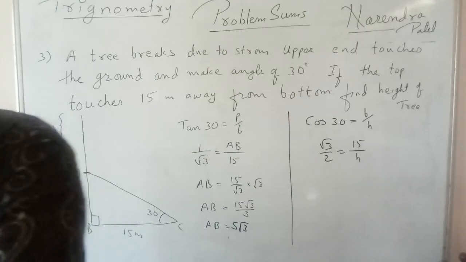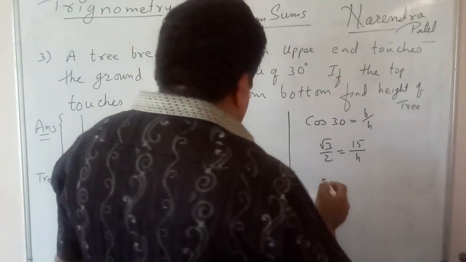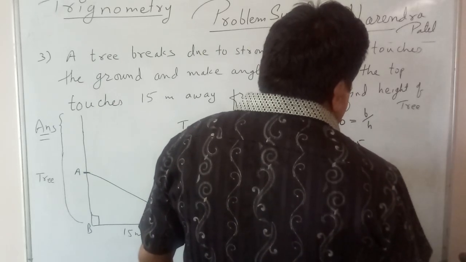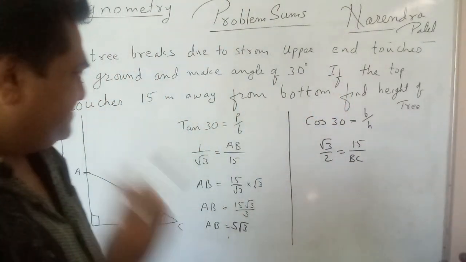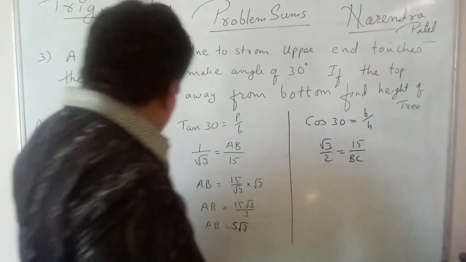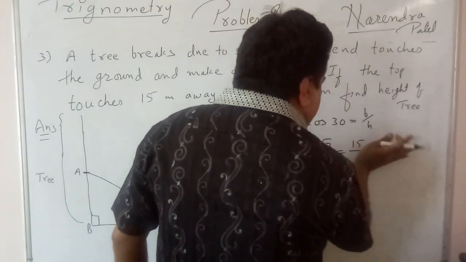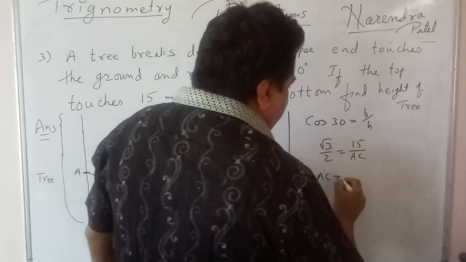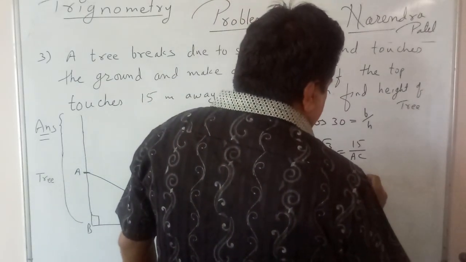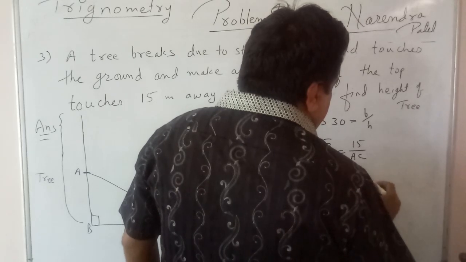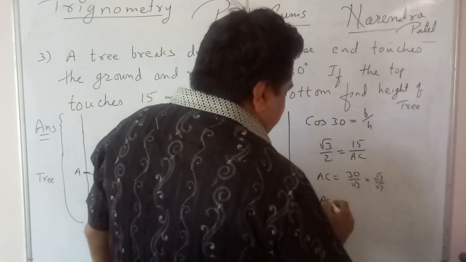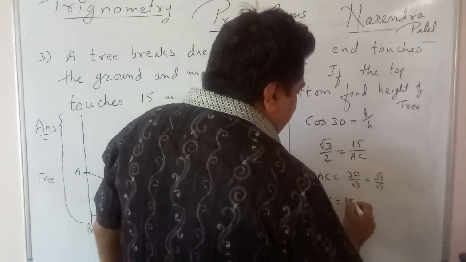From here you can find H. Let me take BC as the base. No, this is AC, the hypotenuse. So we are taking AC. From here we get AC is equal to 30 upon root 3. We will rationalize it, so we will get AC is equal to 10 root 3.